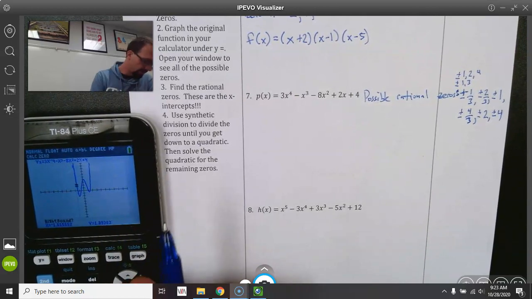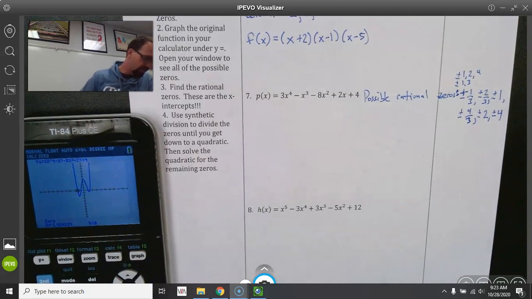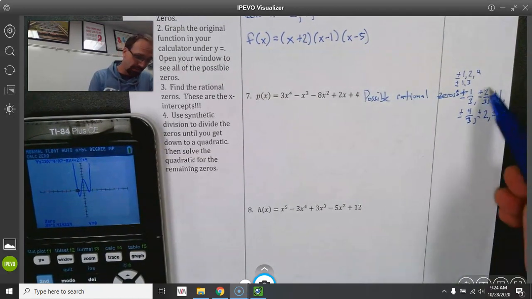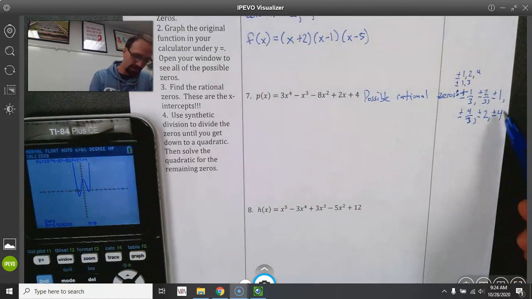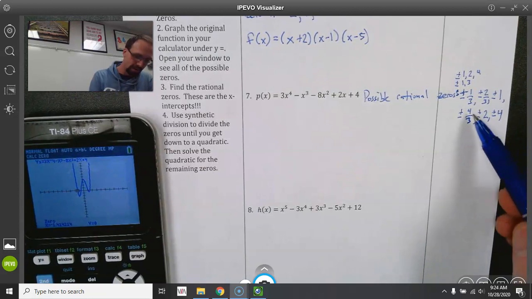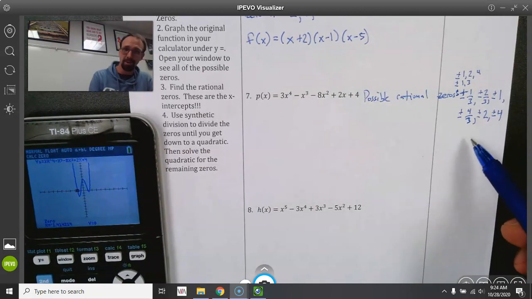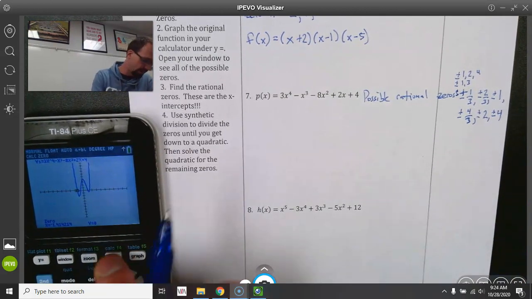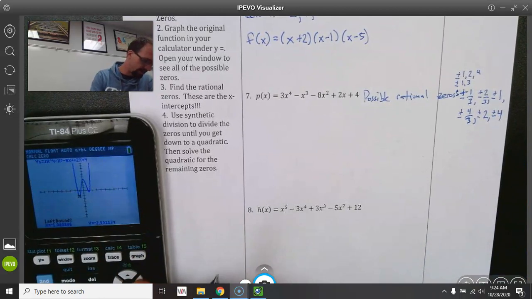So I'm going to go to the left of this, to the right of this, guess, and this one says negative 1.414214. That's kind of a red flag. That tells me that it's not any of these that I can just look at and see, because negative 4/3 is negative 1.3 repeating. So I'm not really confident on this one, and I'm going to skip past that one for now.